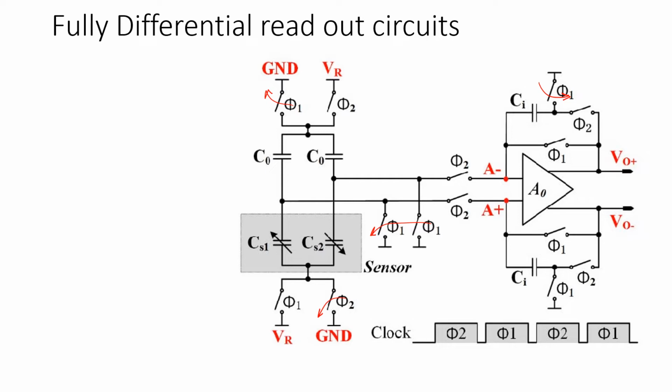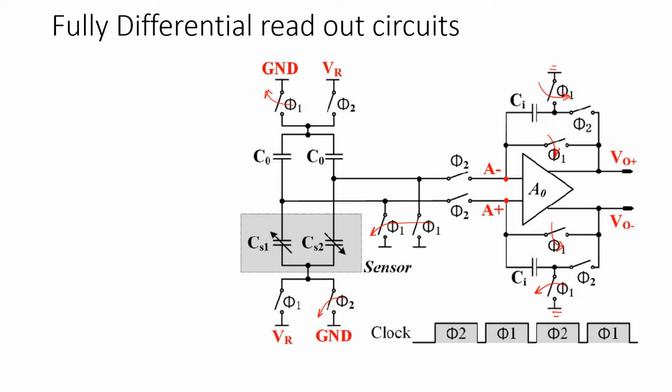When phi 1 gets closed, then the terminal A1 will go to Vout without going through Ci. Likewise, when phi 1 is closed here, terminal A2, A plus, whatever voltage is given, will go to the Vout minus. And phi 1, when it gets closed here, either gets pre-charged or goes to ground. Let us think that this is a ground terminal here on the top and bottom.